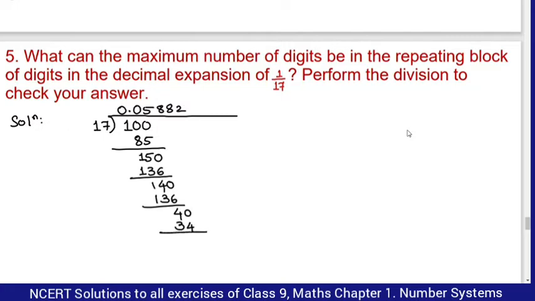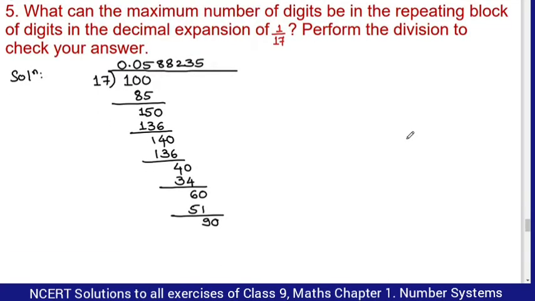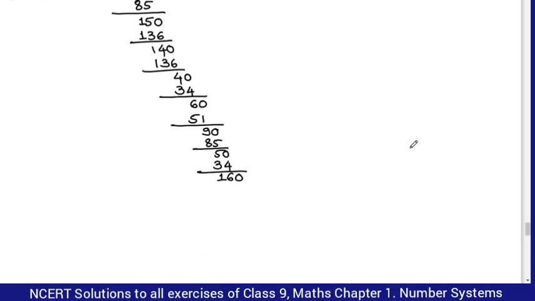17 2s are 34. Remainder is 6. 17 3s are 51. Remainder is 9. 17 5s are 85. Remainder is 5. Then 17 2s are 34. Remainder is 16. 17 9s are 153.